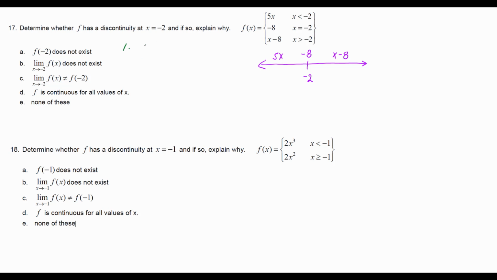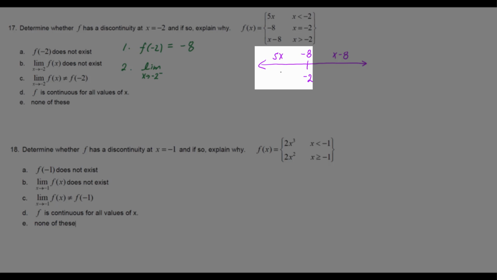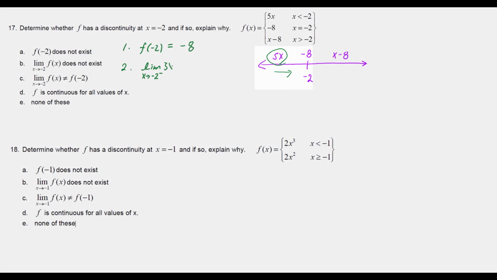So first, what's f of -2? We just said f of -2 is -8. So it is defined. Number 2, what is the limit as x approaches -2 from the left of f of x? From the left, you can see it is 5x. So it's 5 times -2, which is -10.